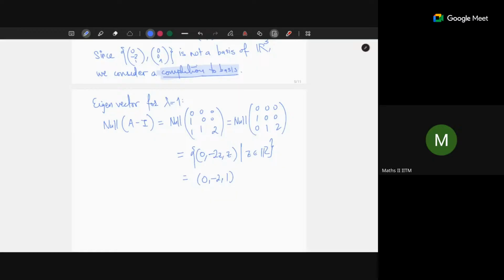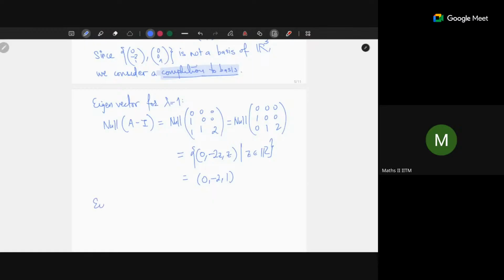You multiply the matrix by x, y, z and equate it to the zero vector, and then you will get some relation. So x will be 0, and y plus 2z is equal to 0. That means you can write y in terms of z or z in terms of y. So there will be one independent vector. I choose to write y in terms of z, so I will get minus 2z.